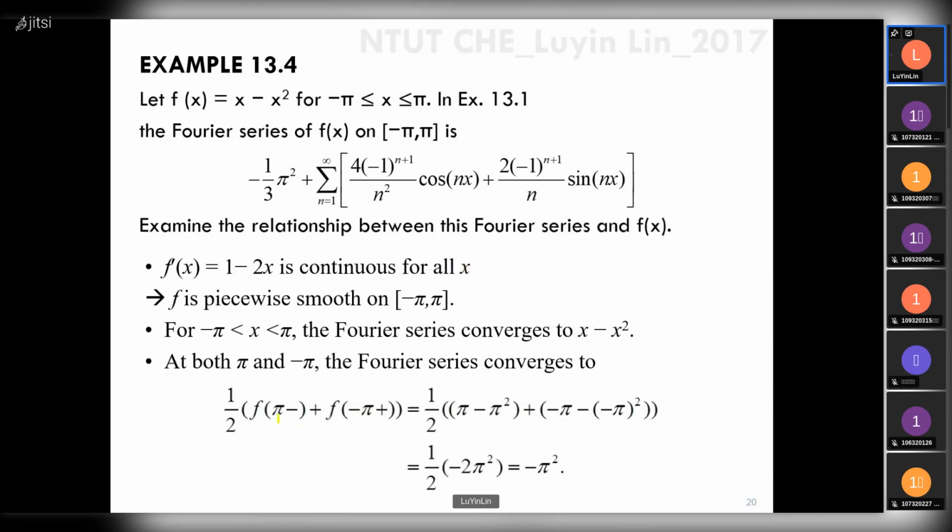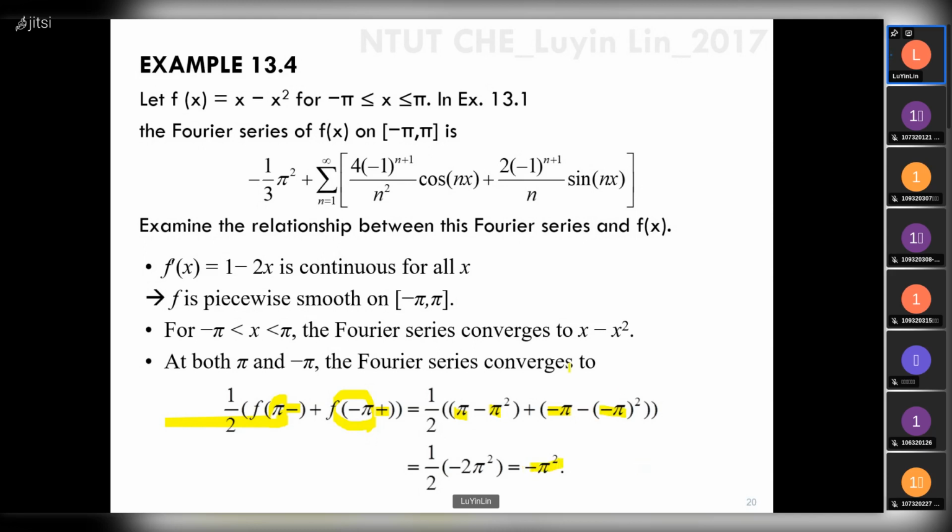So again, this symbol is a little complicated. You can try to ignore this part. You just see pi, you just see minus pi, if it is continuous. So bring pi inside, bring minus pi inside.